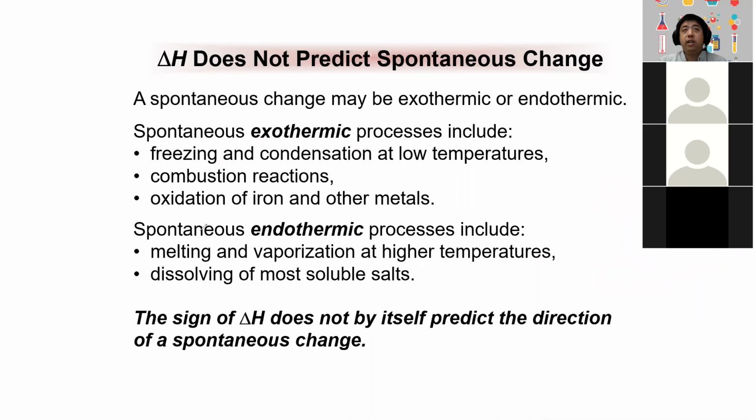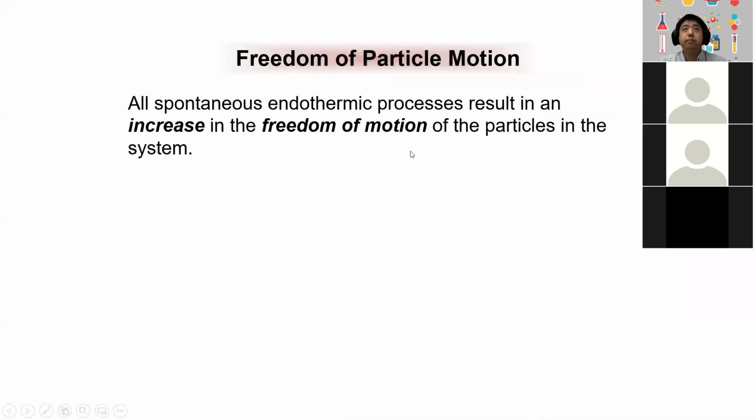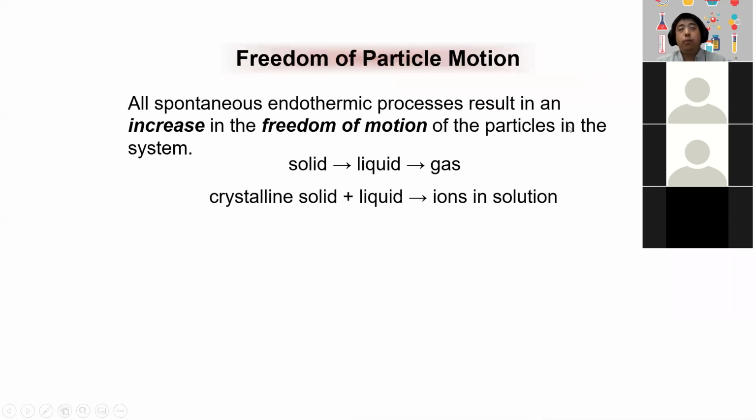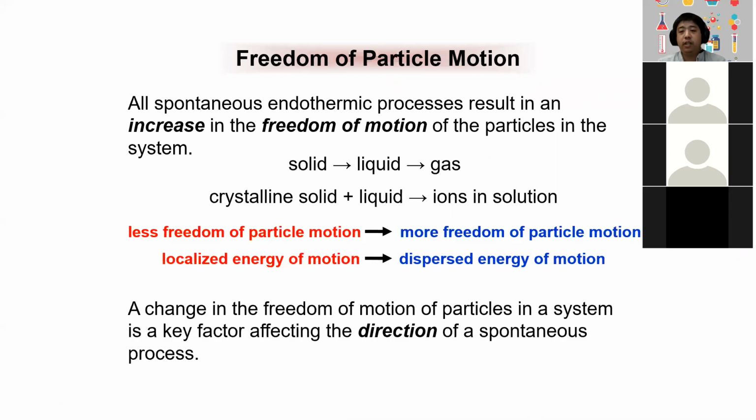So spontaneity is not determined by exothermic or endothermic reaction. So delta H cannot determine that. This is just an example of showing you that endothermic reactions can be spontaneous.